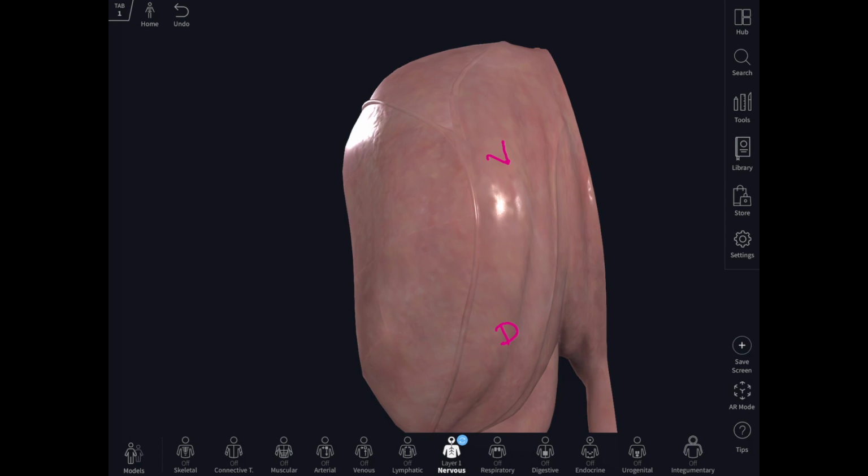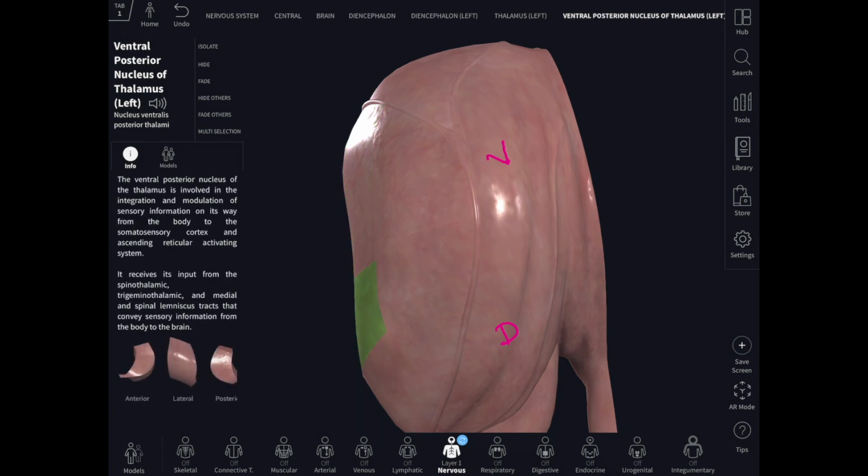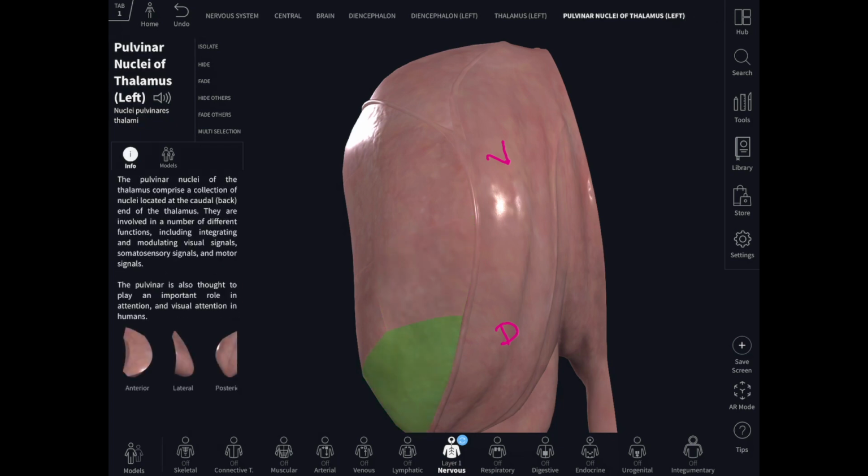In the lateral part, this is the ventral anterior nucleus of the thalamus, then the ventral posterior nucleus, then the lateral dorsal nucleus, then the lateral posterior nucleus, and then the pulvinar.